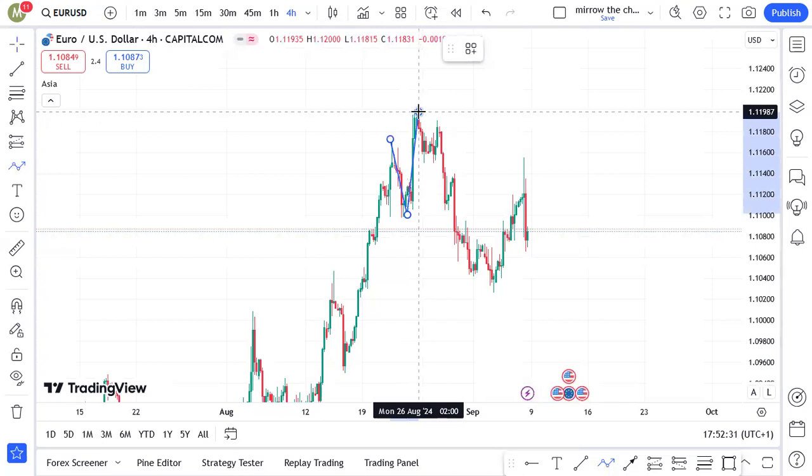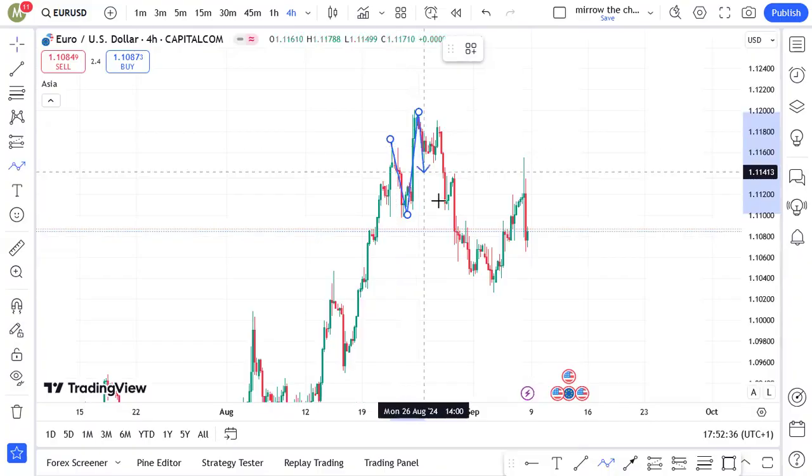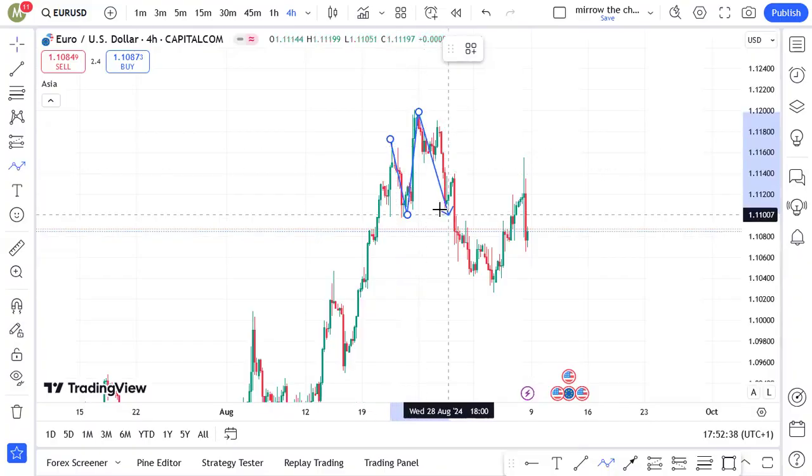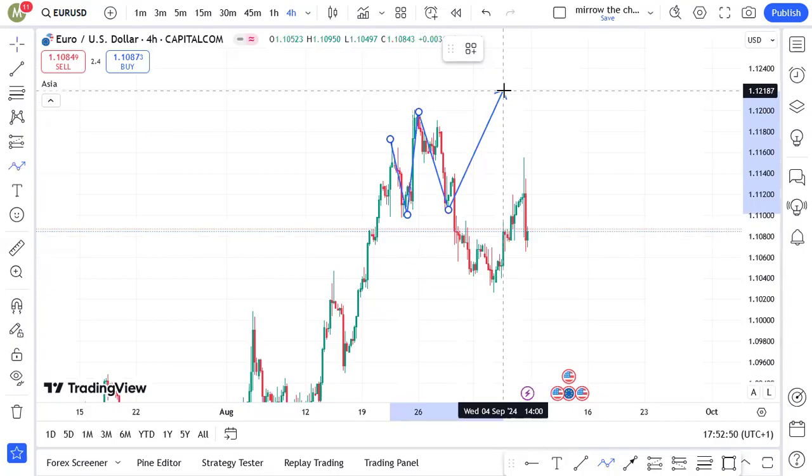Came back here and made a new high, taking out the previous high. Price is supposed to react on this supply, I beg your pardon, and continue up, printing ranges and filling in those ranges.